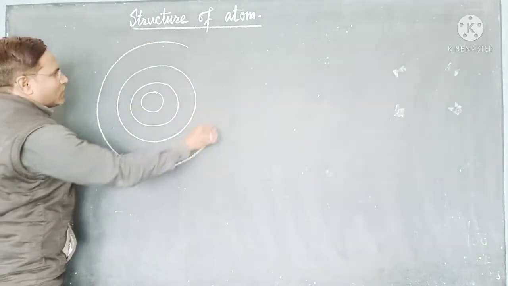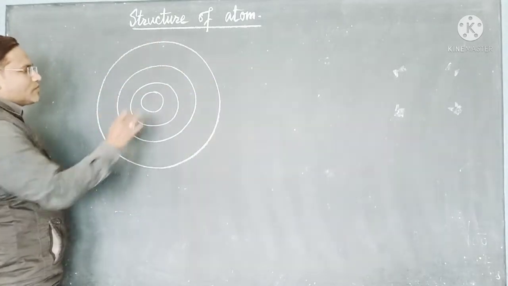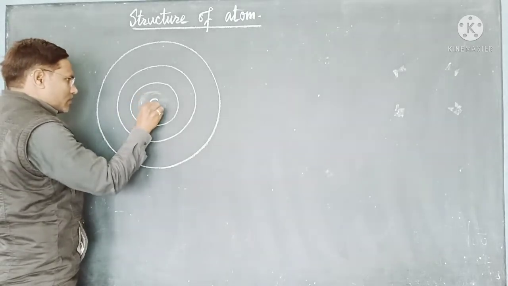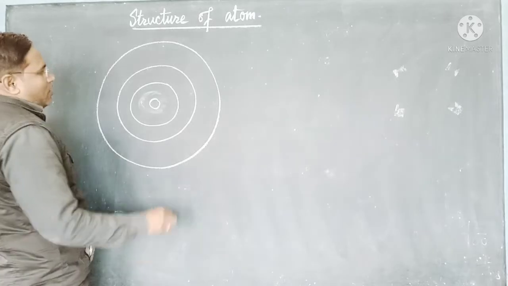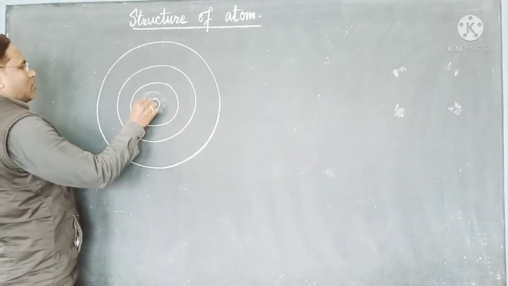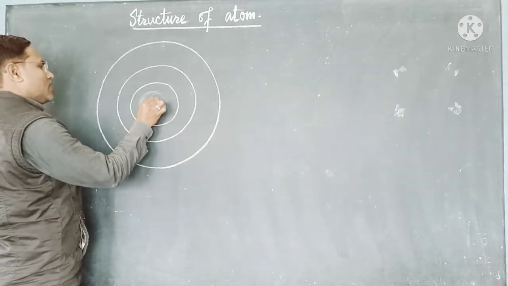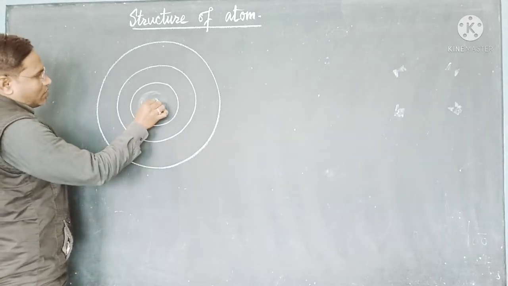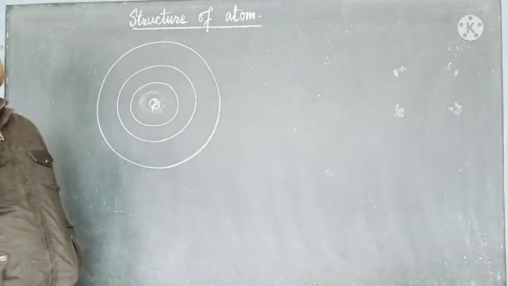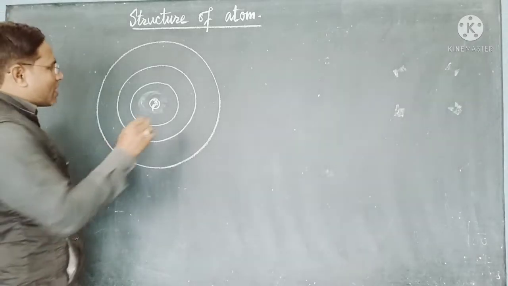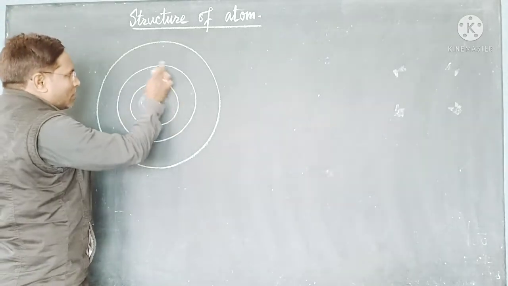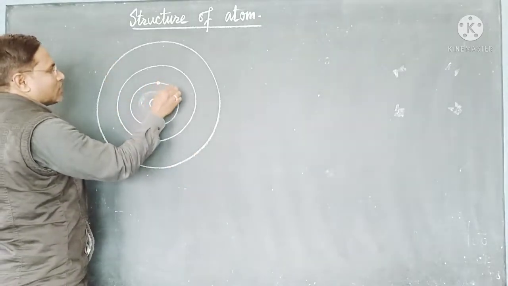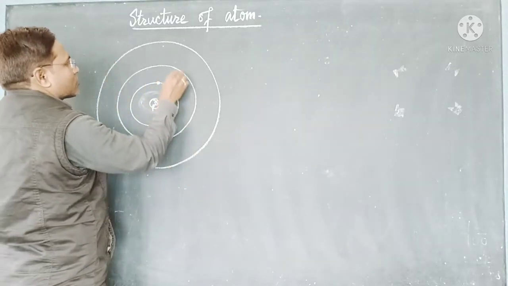Here we will see that this is the nucleus. In this nucleus there are neutrons and protons, and around this nucleus there are orbits. In these orbits electrons are there.